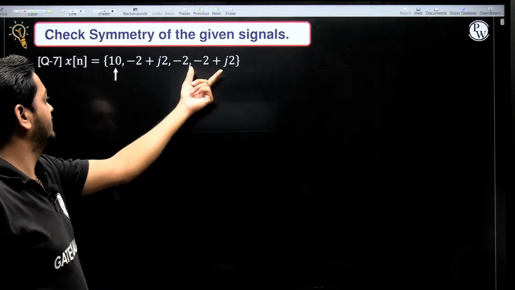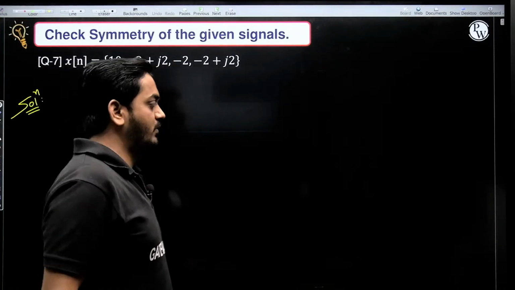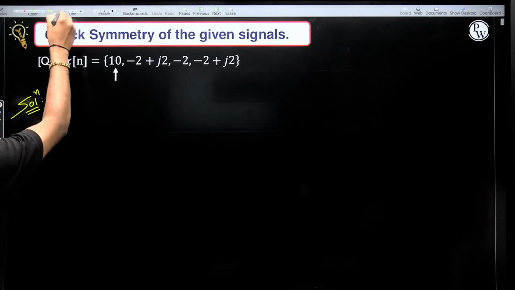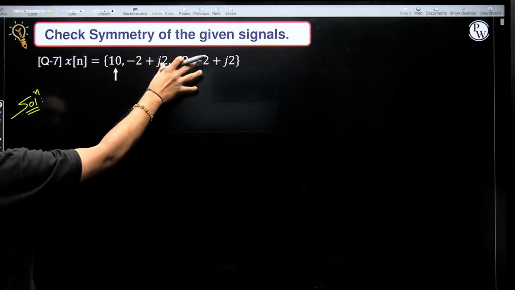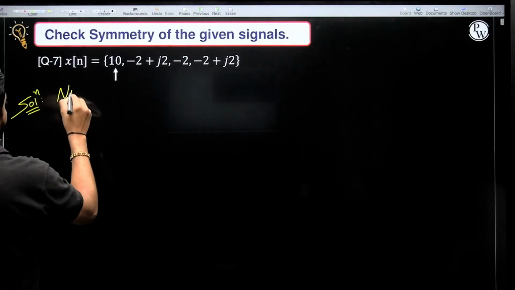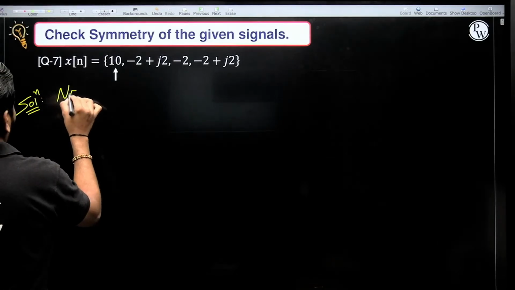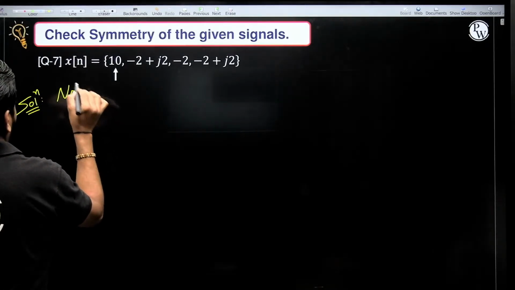For a complex valued signal, the symmetry condition applies: right side 3 samples, left side 0 samples. So again it is neither conjugate even nor conjugate odd.